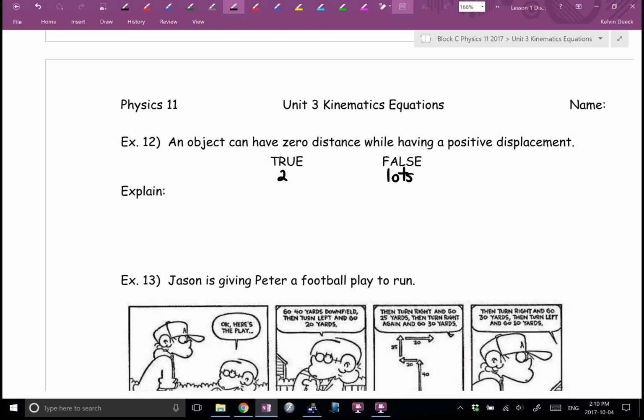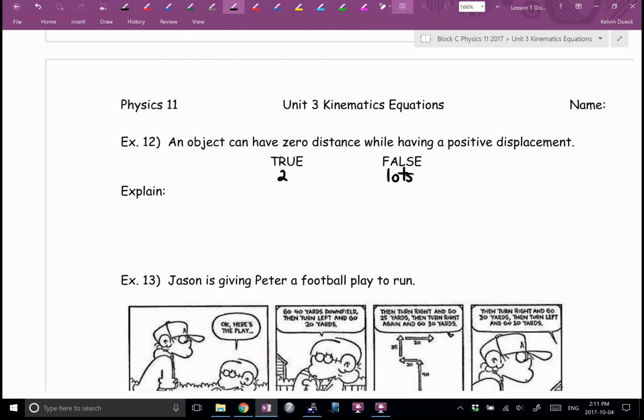Ooh, we just got really deep. Is 0 positive? It's neutral. Is it? So it depends where you decide the position might be.